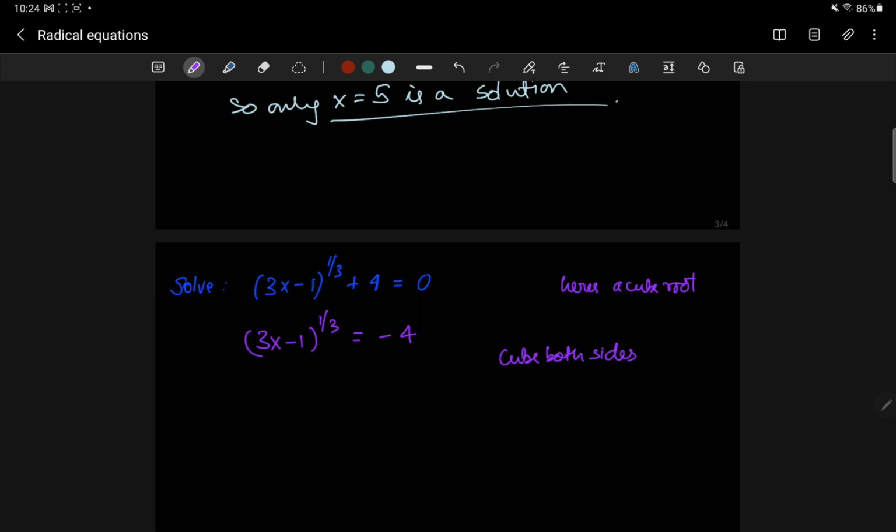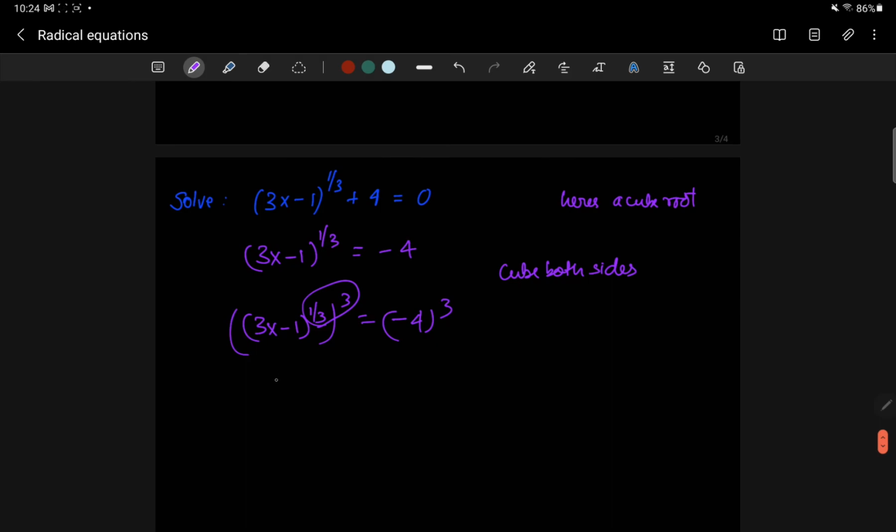The point that I want to bring across here is that if it's a cube root, then you have to cube. You cannot square. And when you cube it, the same sort of thing happens in the sense that the 1/3 power and the third power cancel, and you end up with 3x minus 1 is negative 64.